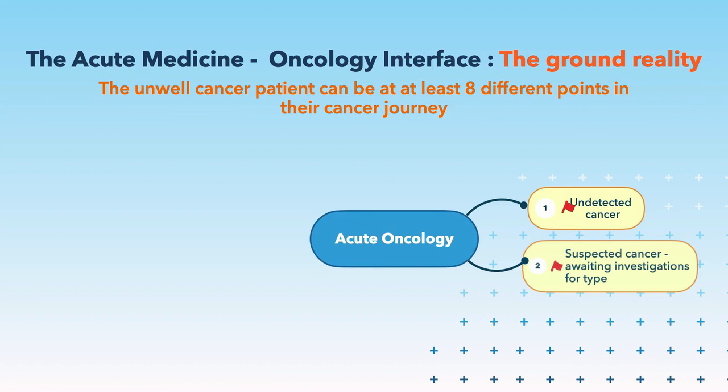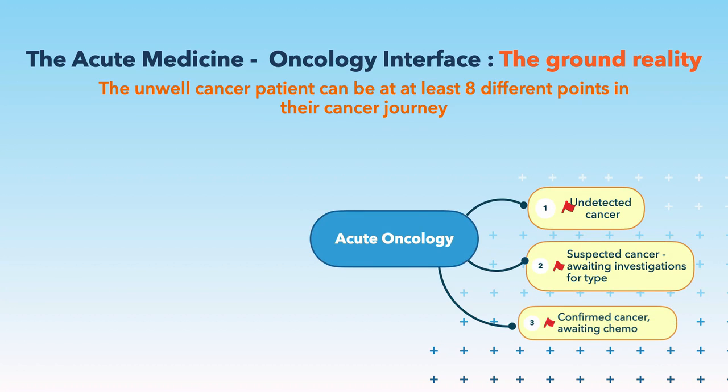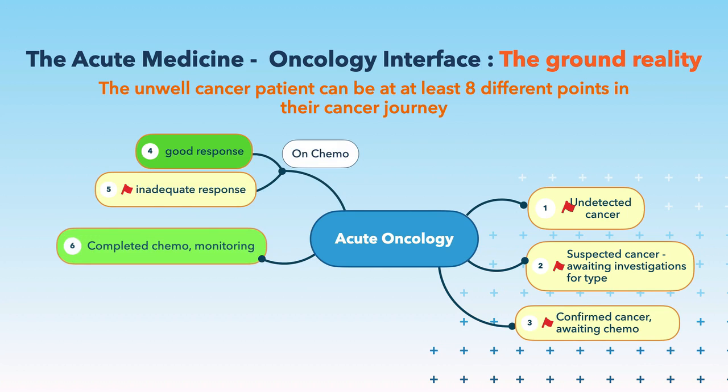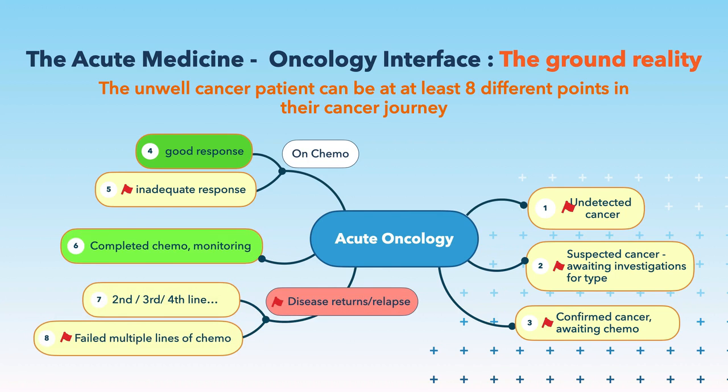Undetected cancer, under investigations for a potential cancer diagnosis, recently diagnosed with cancer and awaiting chemotherapy, on chemo responding well, or they can be on chemo with an inadequate response, completed chemo on monitoring, relapsed and on 2nd, 3rd, 4th or 5th line of chemotherapy with a good response, or may not be responding, an alternate line of treatment required. It is important to find out where the patient is on this timeline, as the management varies.